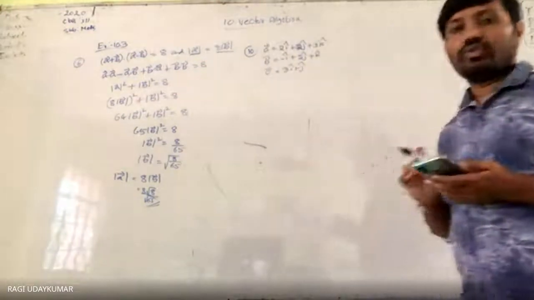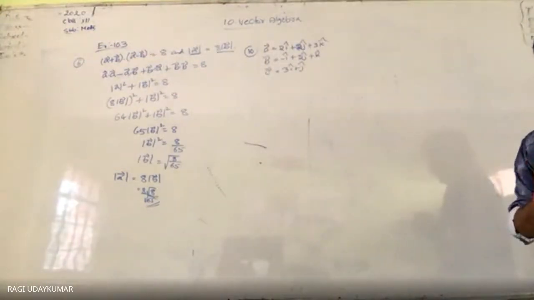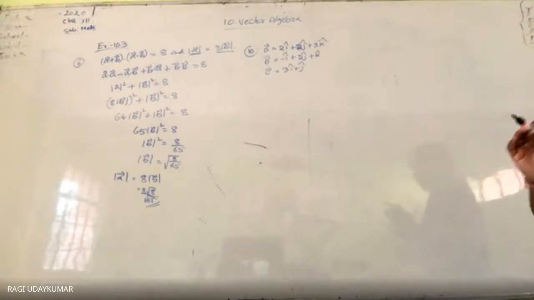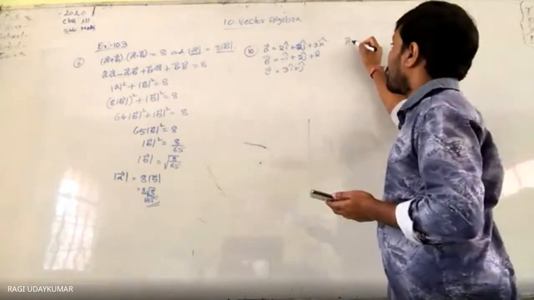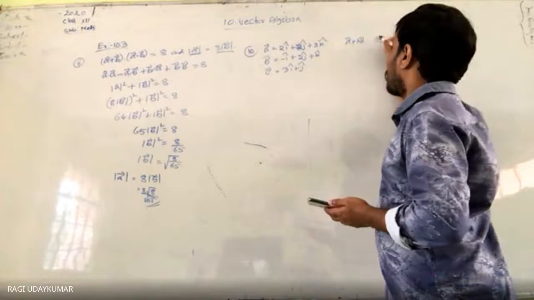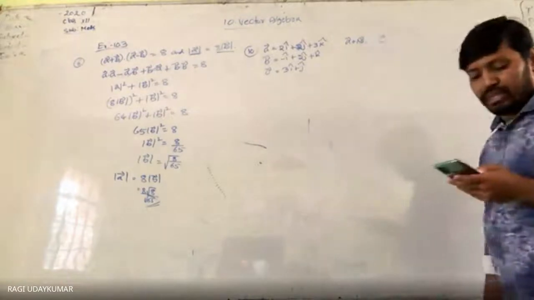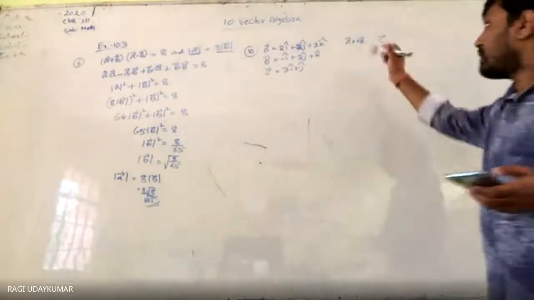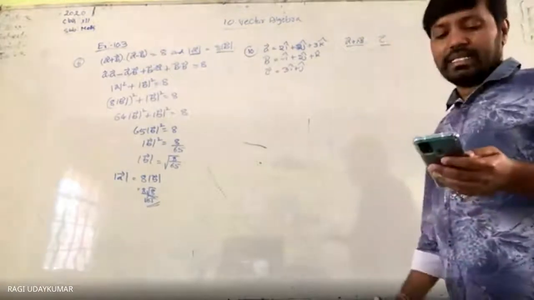And asking you to do what you have to do. A bar plus lambda B bar is perpendicular to C bar, you need to find. So this vector perpendicular to this vector is what you need to do.